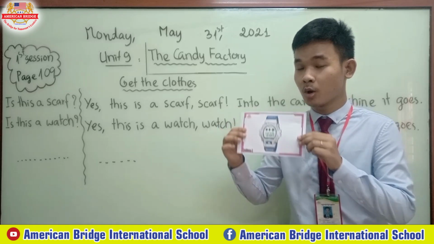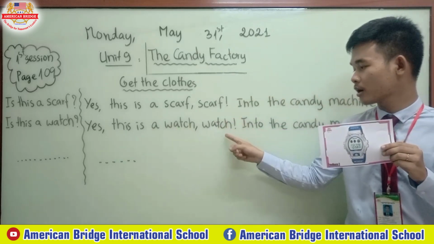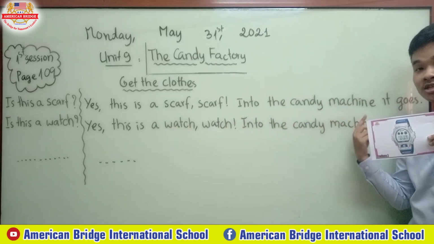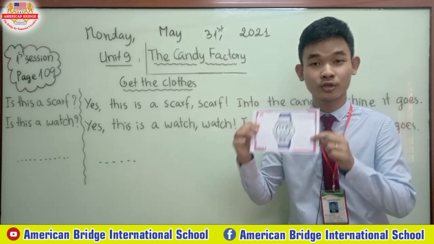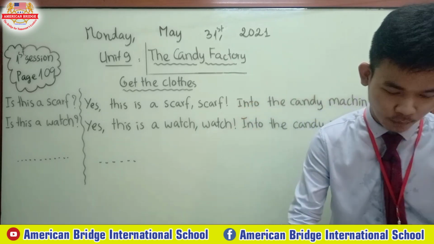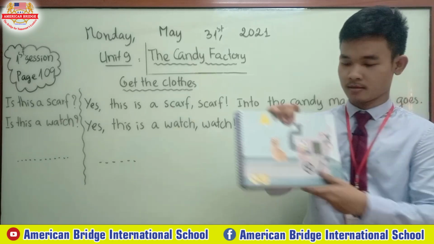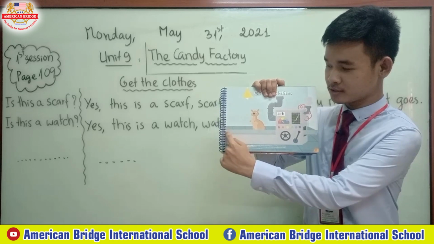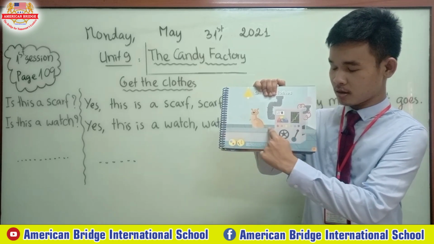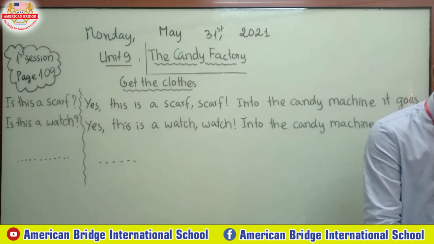Who knows? Yes, this is a watch. Watch. Into the candy machine it goes. So put your sticker watch into the machine. Put it over here, everyone. So we put our clothes over here, and it goes to the machine.